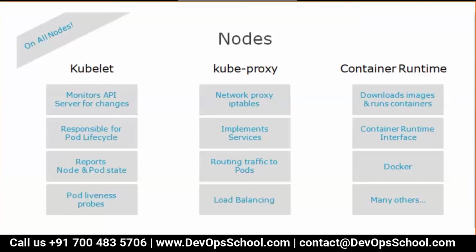Kubelet reports node and pod state, and helps you check the probes, like node and pod liveness probes. The second one is kube-proxy, which is a network proxy using IP tables, implements services, routes traffic to the pod, and helps you do load balancing. And Docker, you know very well.